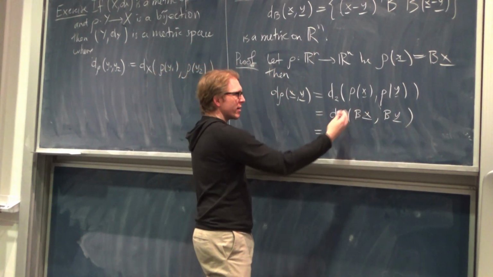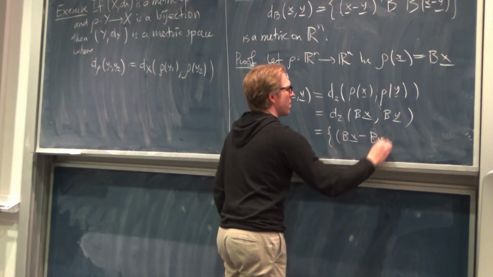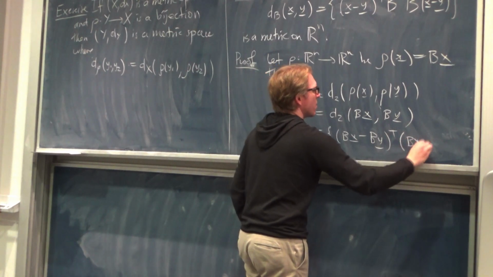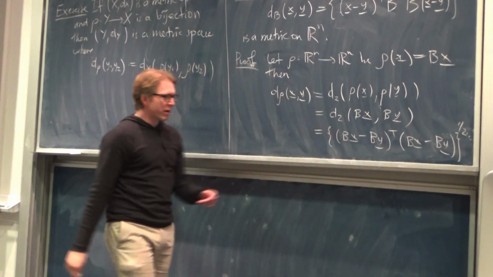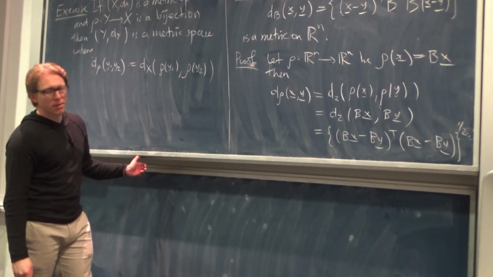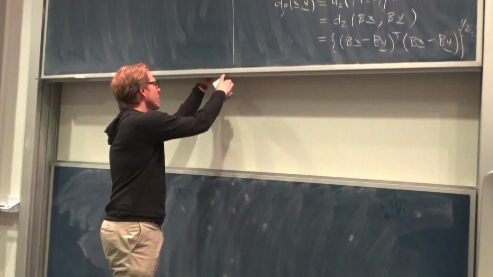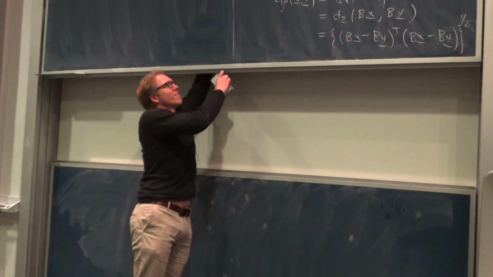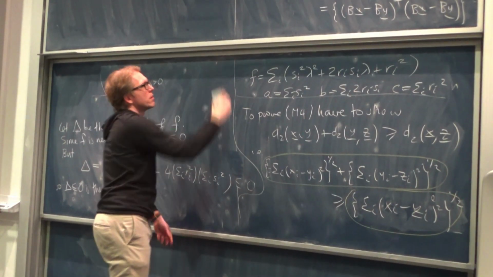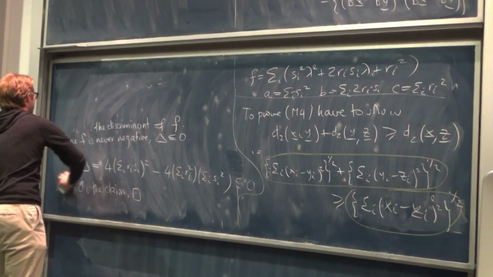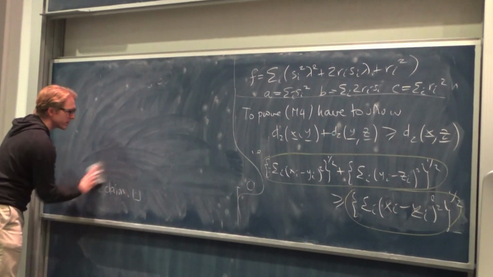And we know how to write the Euclidean distance in terms of matrix multiplications. In particular, that quantity inside the brackets is non-negative. And just manipulating that a little, we'll obtain the formula in the statement of the lemma.